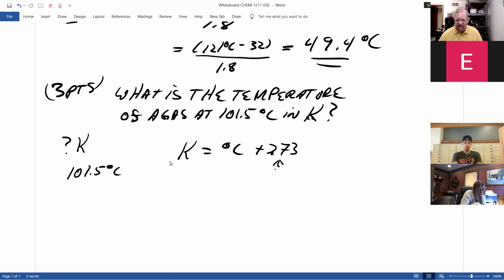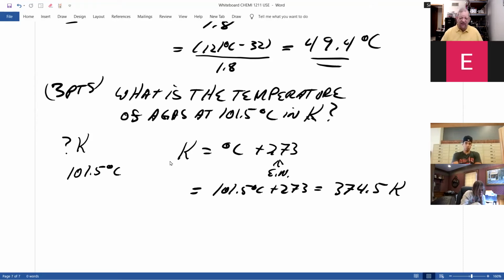Remember, 273 is an exact number, which means it plays no role in figuring out how many significant figures your answer should have. Now, I'll put in the 101.5 added to 273, and I will get 374.5 Kelvin. Am I done?